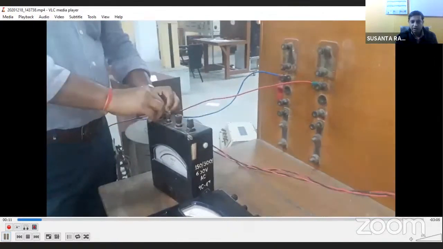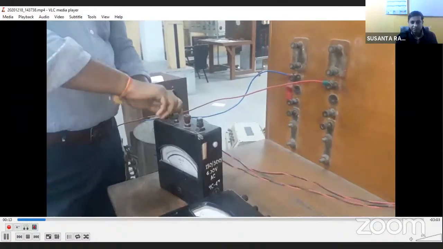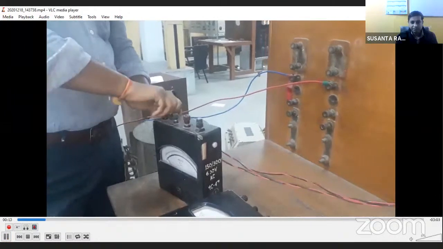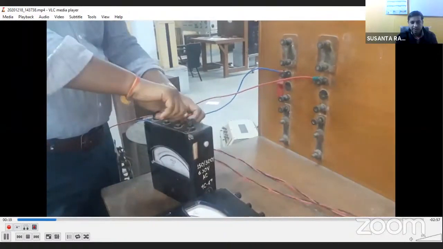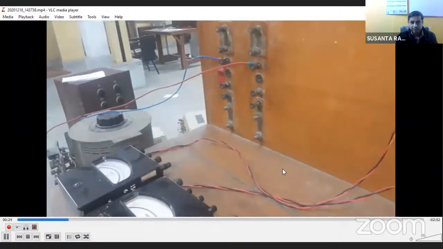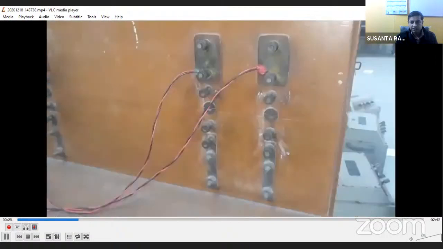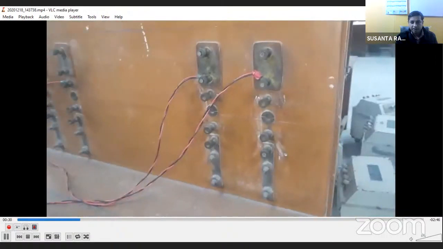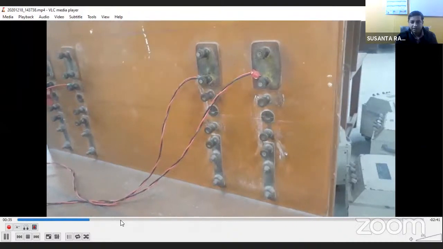And for voltmeter, we use this type of thin wires. This voltmeter will measure the V1. So this is the voltmeter connected for measuring V1.